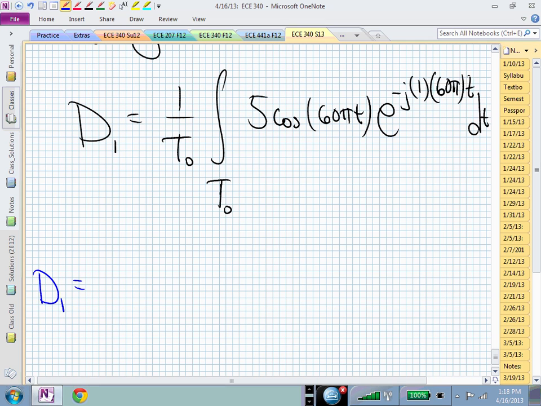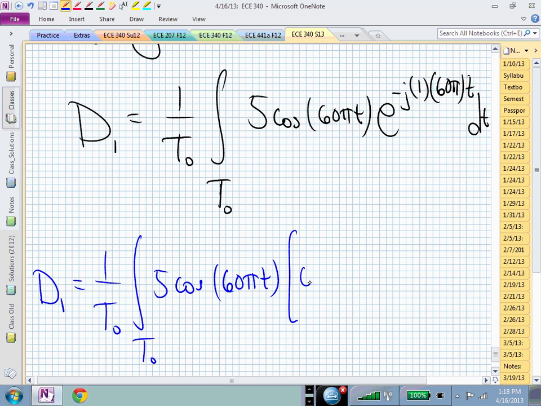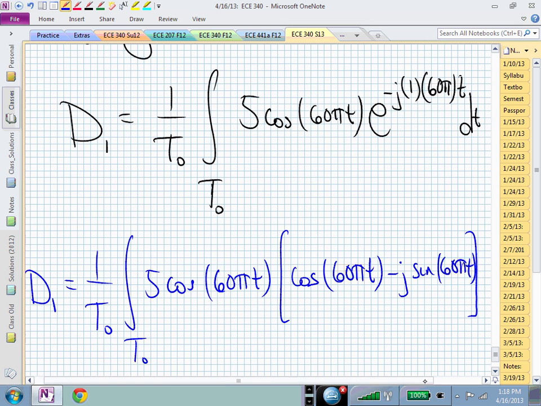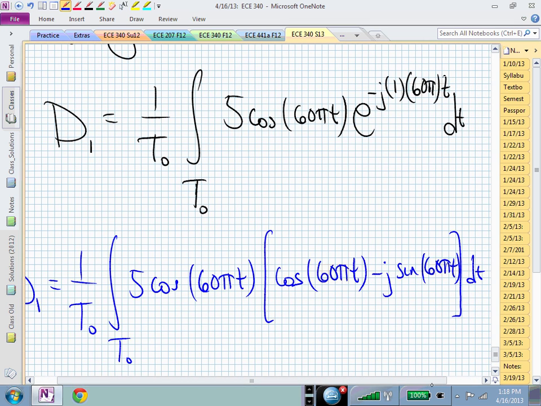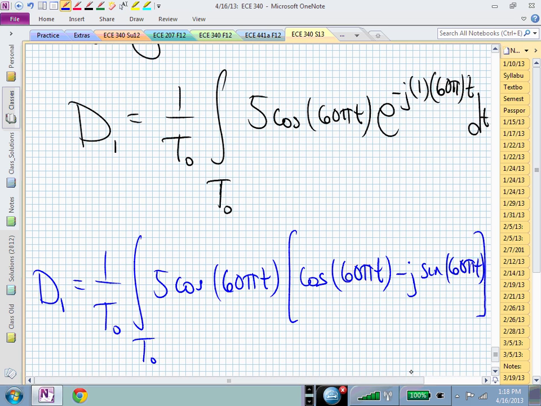So that now I have this 1 over T naught integral over 1 period of 5 cosine of 60 pi t, and now I'm going to replace that complex exponential with cosine 60 pi t minus j sine 60 pi t, and I get to cheat by expanding my paper.